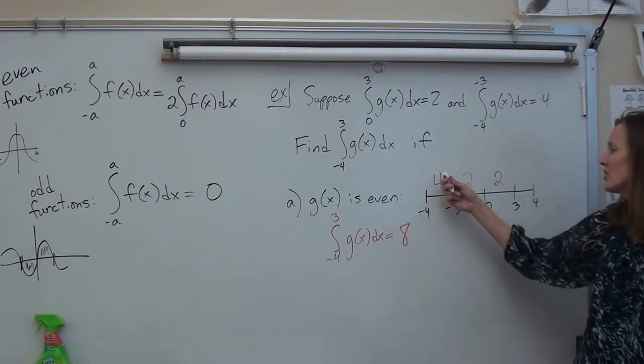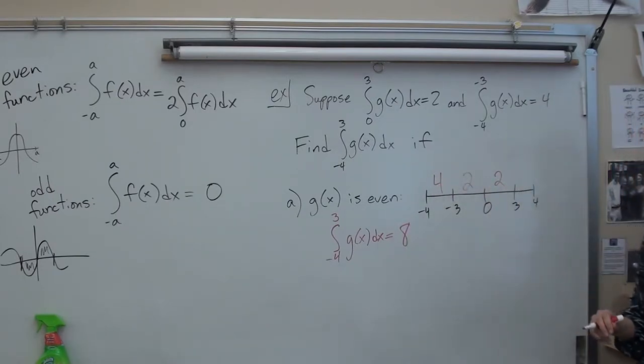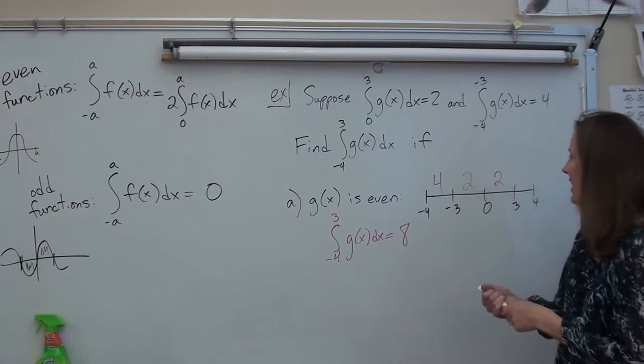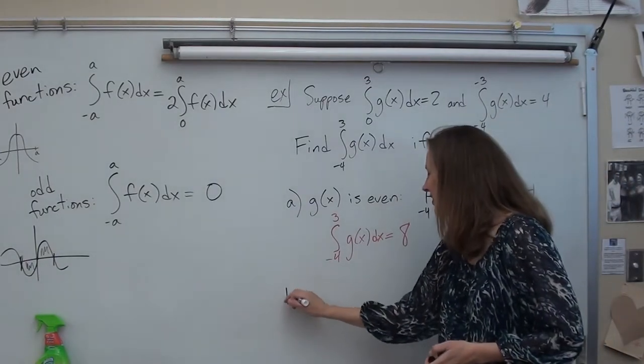That's 4 plus 2 plus 2. Or it's 4 plus 4 if you add up the 2's. Or it's 4 plus 2 plus 2 plus 0. Okay, so anyway, letter B.